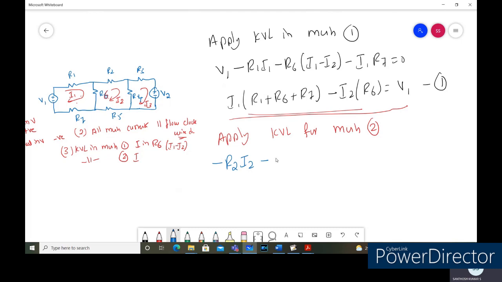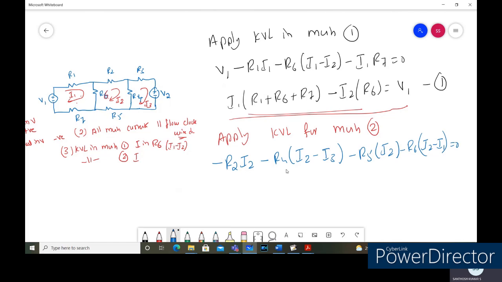Since we apply it in loop 2, it is minus R4 into (I2 minus I3), minus the drop across R5, which is R5 into I2, and the drop across R6 is minus R6 into (I2 minus I1), is equal to 0.